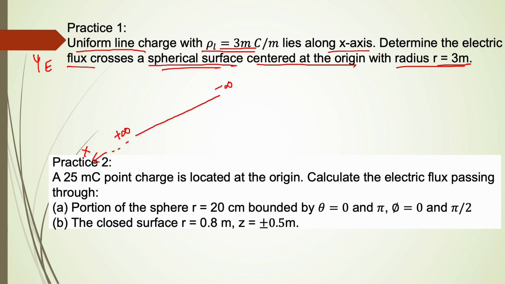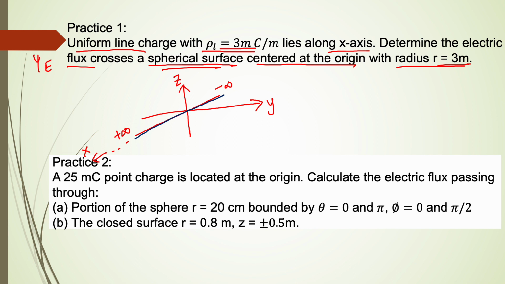And then, this is our y, this is our z. I should use a different color of pencil, so let's use a different color for the line charge. So this is the line charge. This is x, this is z, and this is the y axis.